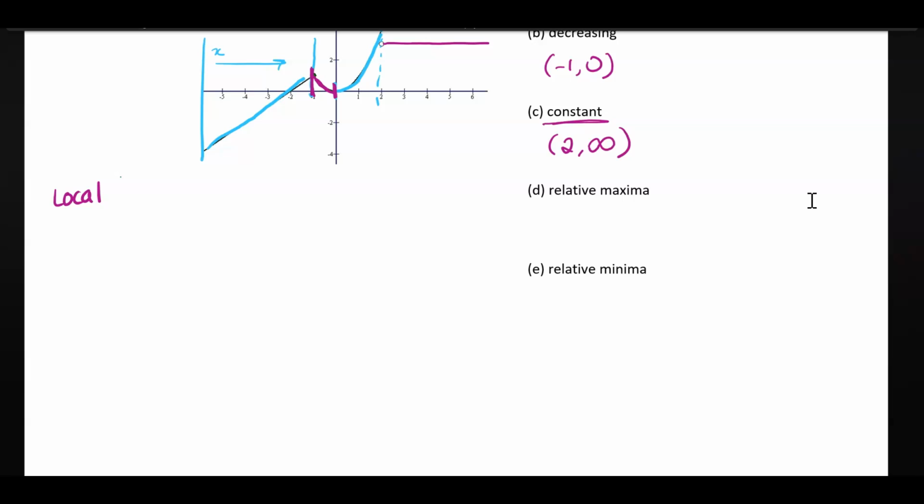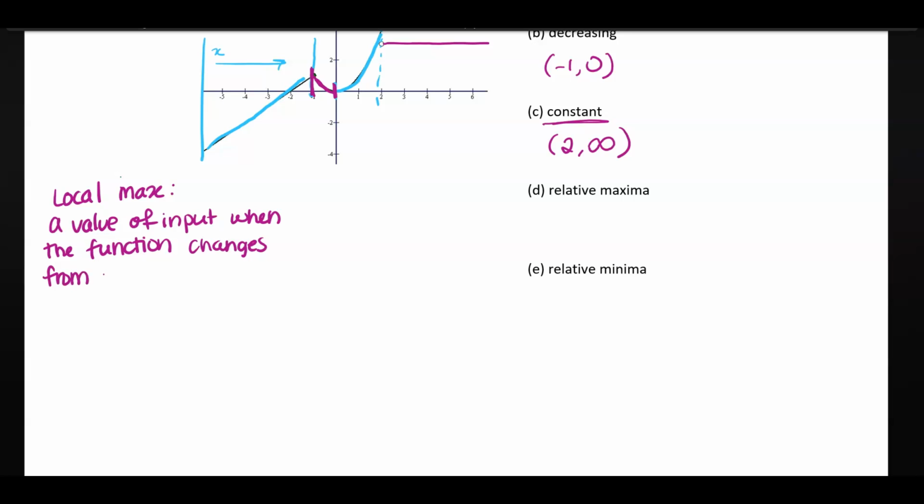For a local maximum, this is going to be a value of the input when the function changes from increasing to decreasing.